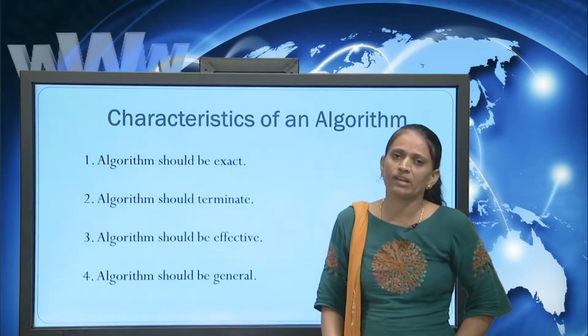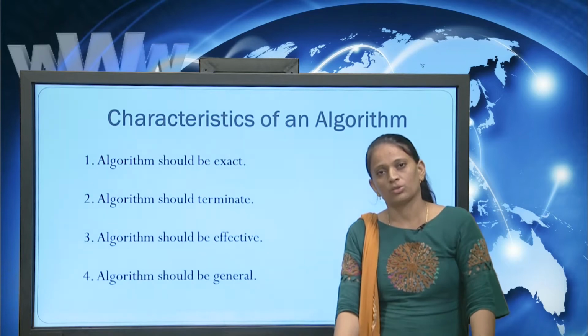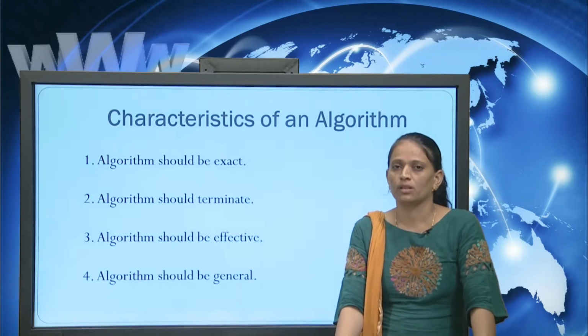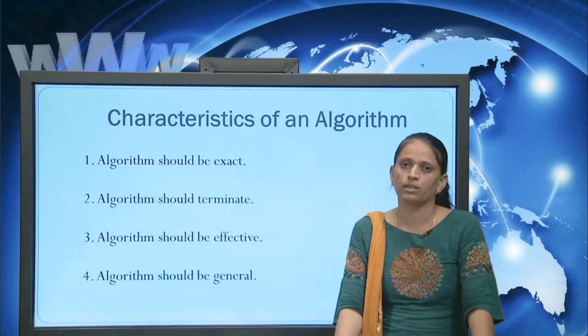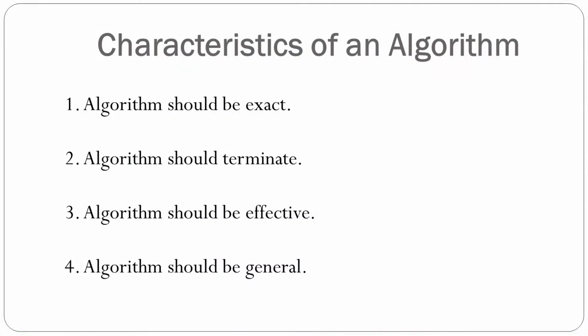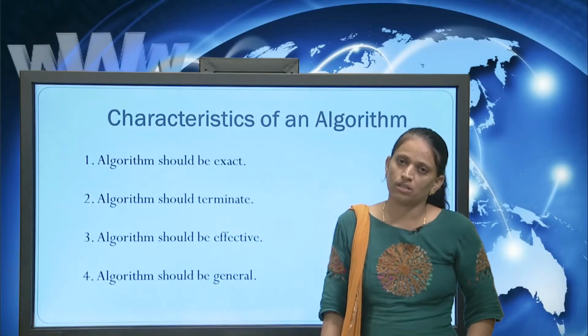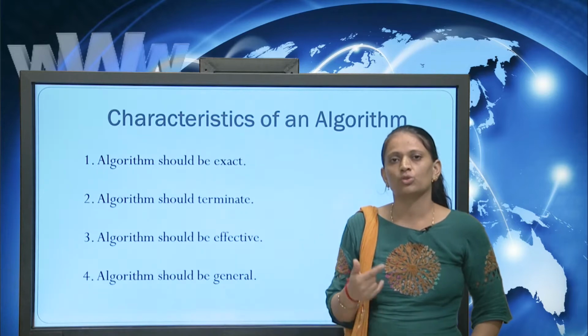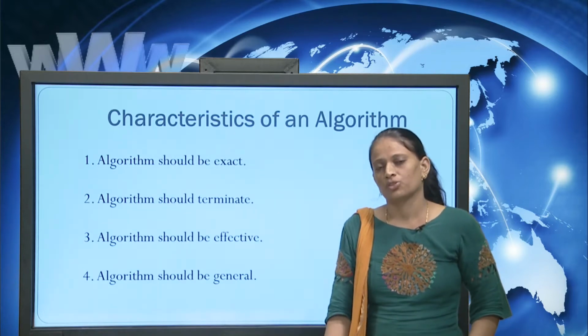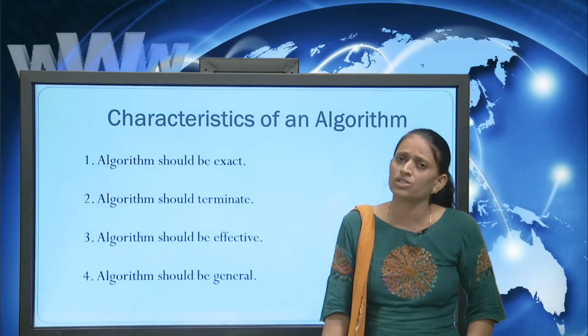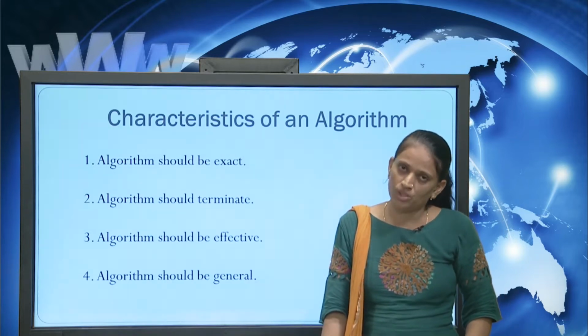We should put certain conditions in the algorithm so that the program comes to a certain end, otherwise it will go into an infinite loop and never terminate. So an algorithm should have some termination condition. An algorithm should be effective in a manner that it reaches the specific solution of the problem that we actually require.